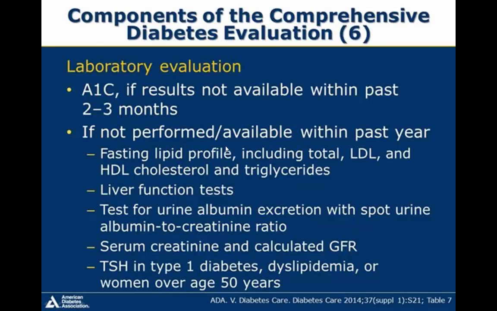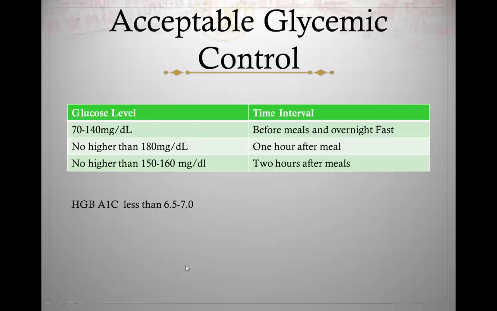So you should do a lipid profile and liver profile, because if you're going to start the patient on any oral medication or any statins or fibric acid, you should do liver function tests as well. Also test the patient for albumin. Remember that albuminuria is the first initial presentation of nephropathies. Serum creatinine and GFR should be calculated as well, and look for other factors that could lead to diabetes, such as thyroid disorders.